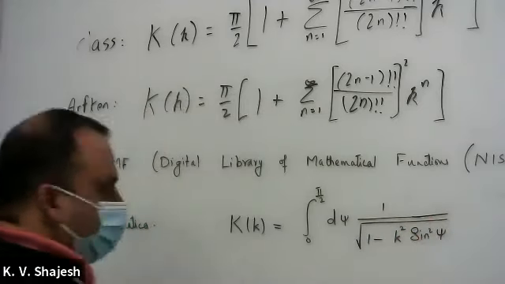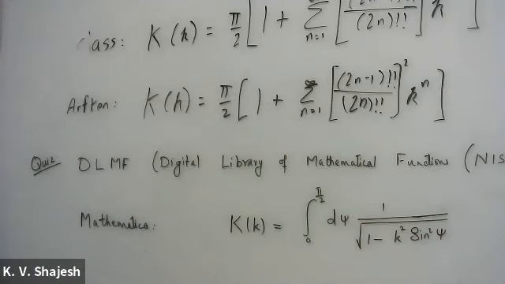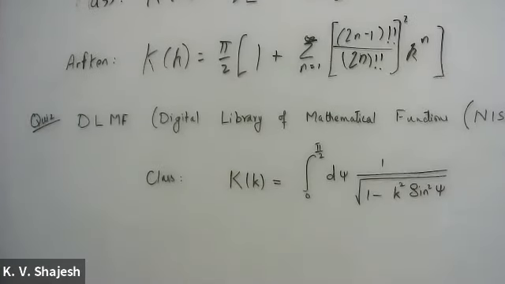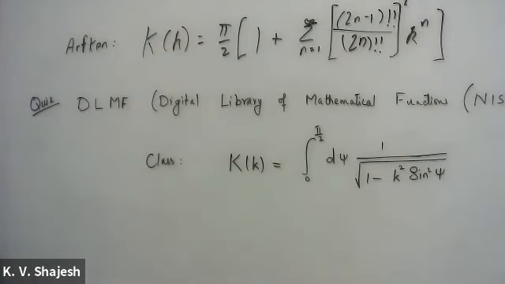That's how we define our K. This is what the classroom uses, and this is how traditionally everyone does it. But Mathematica decided to change this notation, and that leads to a confusion very similar to what is there on top.